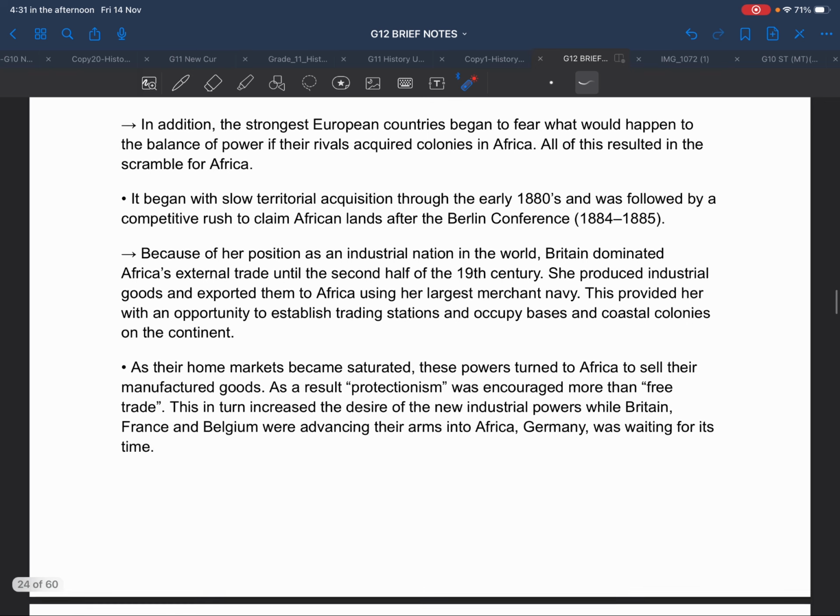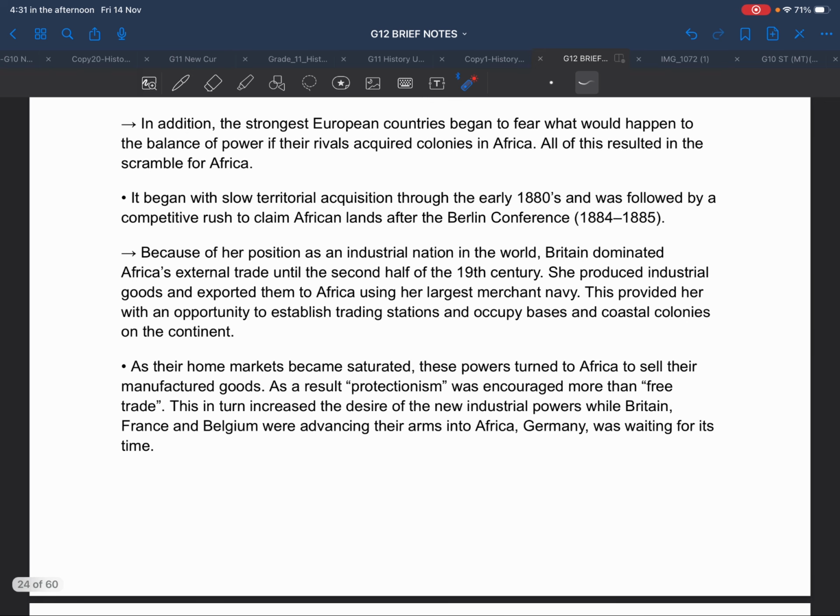In addition, the strongest European countries began to fear what would happen to the balance of power if their rivals acquired colonies in Africa, one competing with the other. There was a sense of frustration among them. All of this resulted in the scramble for Africa, right?